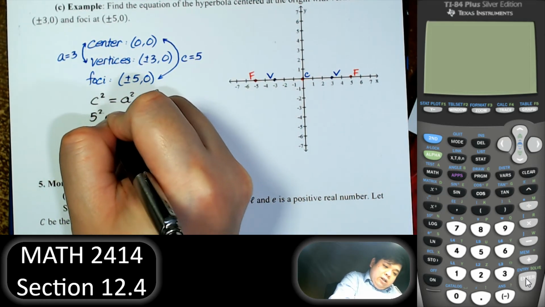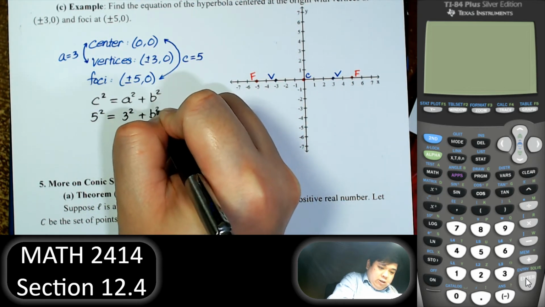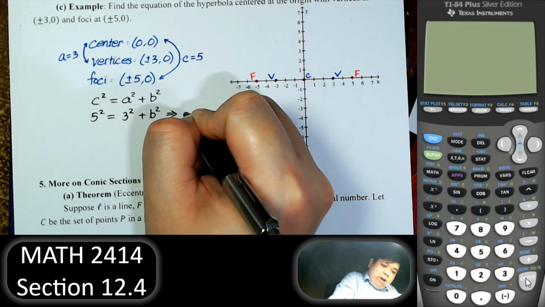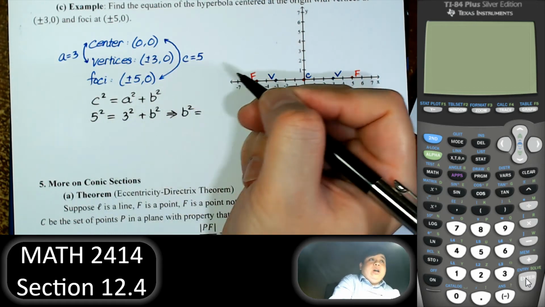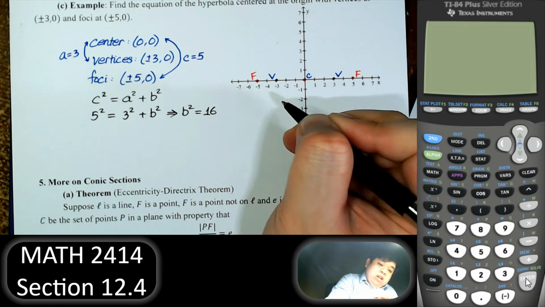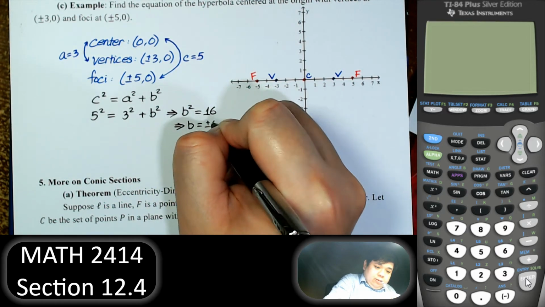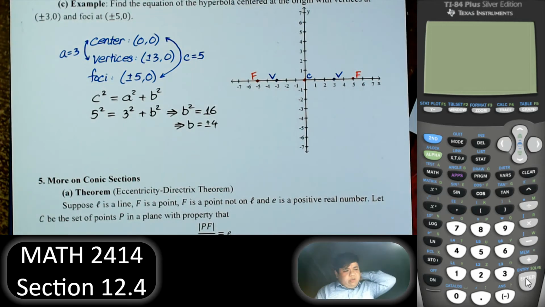So 5 squared equals 3 squared plus b squared. So b squared is 25 minus 9, which is 16. So b is 4.